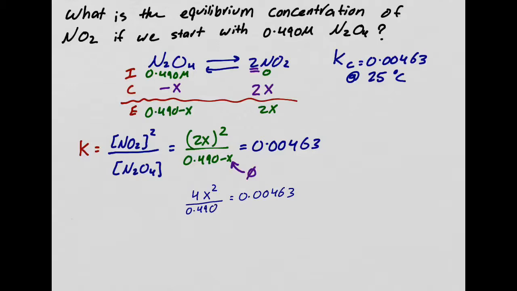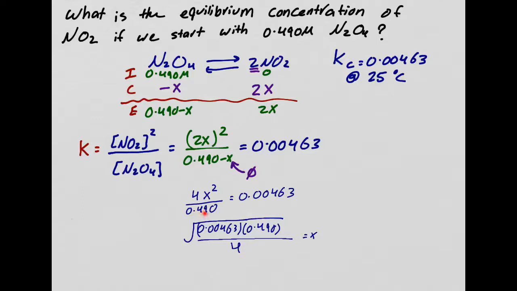So all I have to do is take the square root of 0.00463 times 0.490 over 2. And that would give me x, right? Again, I'll make sure I didn't lose anyone.